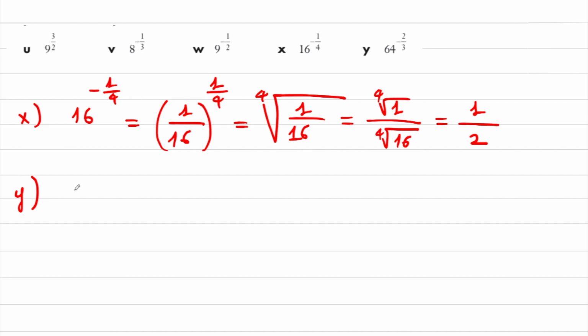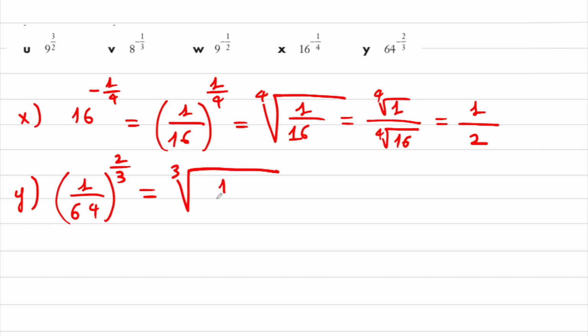Question Y. Here is 1 over 64 with positive indices, 2 over 3, so you've got the cube root and the square for the fraction inside this bracket.